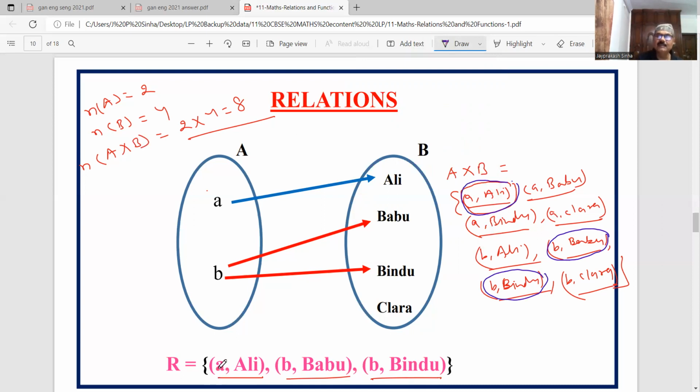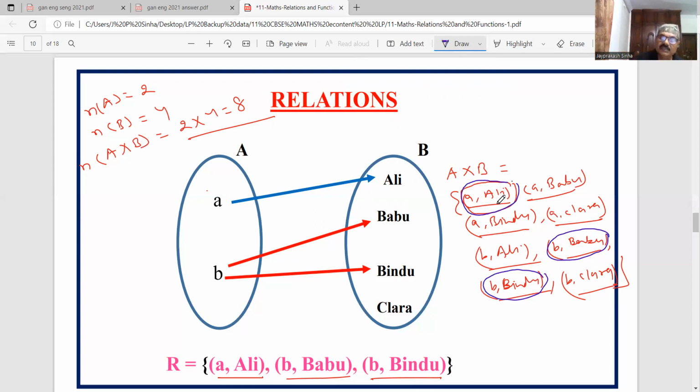So if we take the Cartesian product of 2 sets, we are able to find the ordered pairs, and the number of ordered pairs in this case is 8. So whatever relation we define, the maximum number of elements in a relation can be 8.